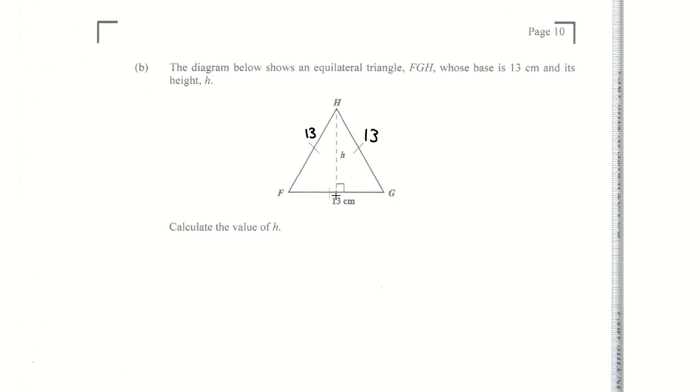We know that the length from here to here would be half of this. So that's 13 divided by 2, which is 6.5. So h would be a side. So we know 13 squared, which is the hypotenuse squared, is h squared plus 6.5 squared. You want to find h, carry this across. So I have h squared equals 13 squared minus 6.5 squared.